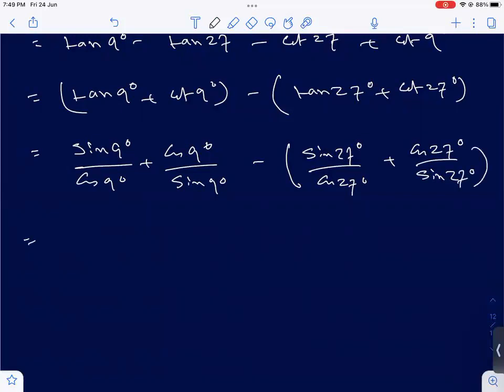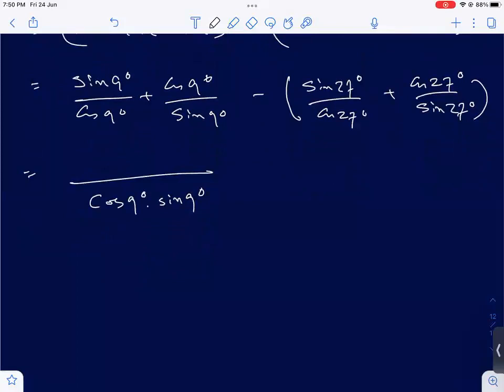If I take the LCM, in the numerator we get sin square 9 plus cos square 9, which is 1, and similarly here we get 1.